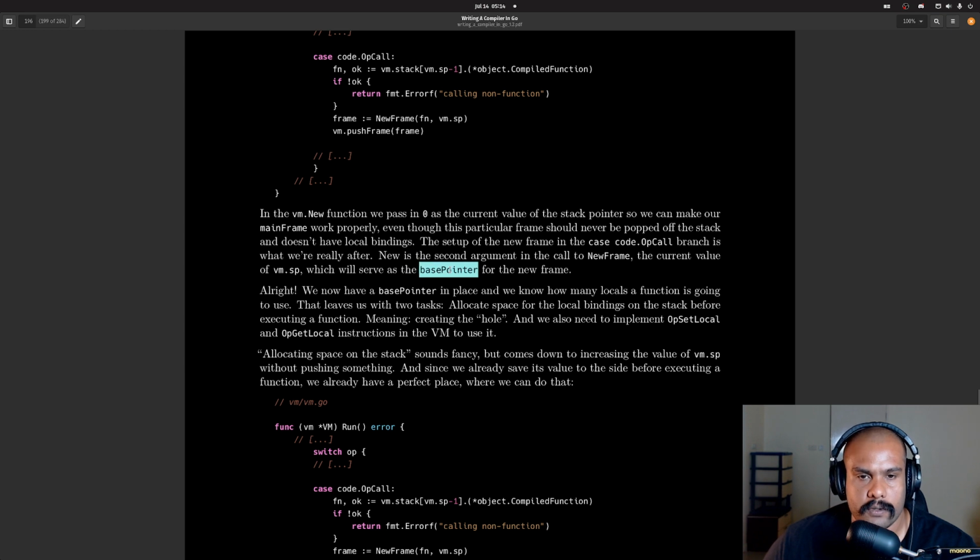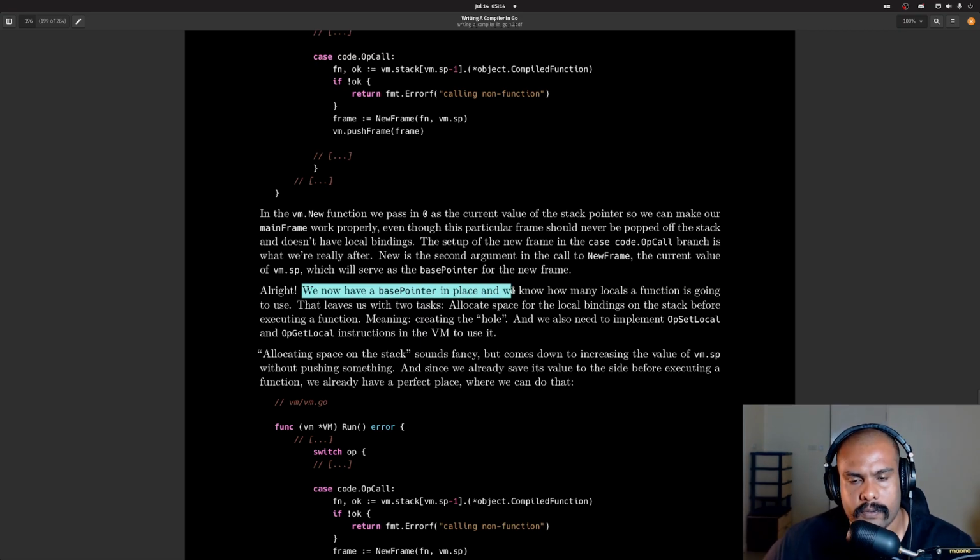That was the missing point, because all the local variables of a function have their index starting from 0. Okay, gotcha. So we use the base pointer.